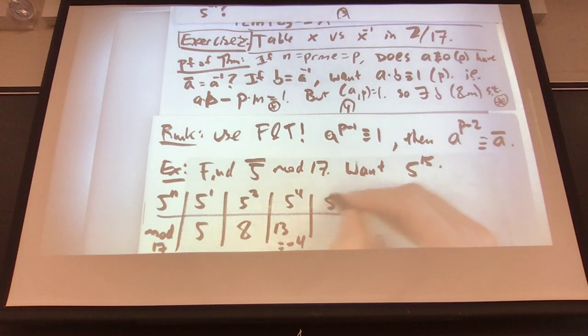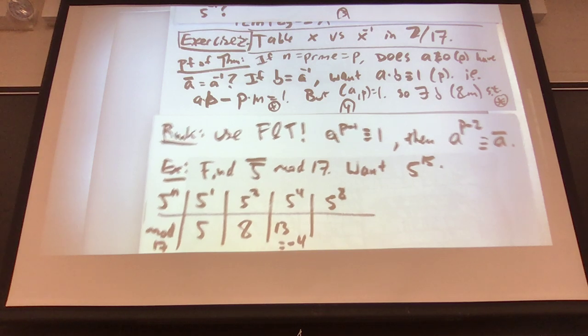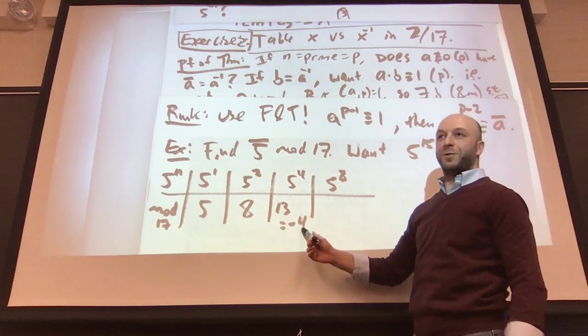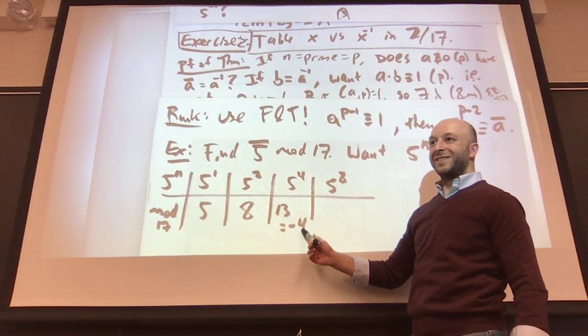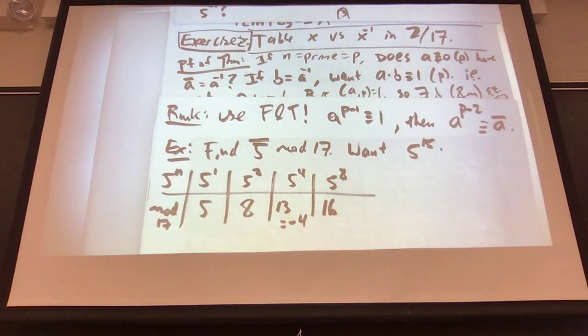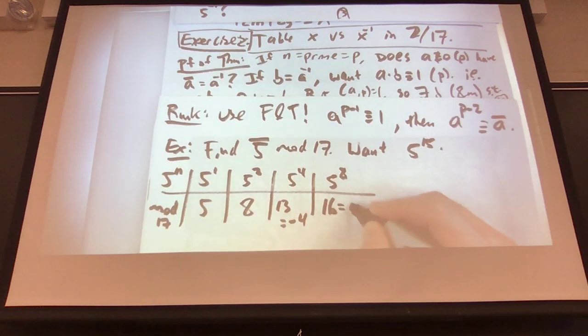Okay, so 5 to the 8th is 13 squared. 13 squared is very big. Negative 4 squared is not so big. Negative 4 squared is 16, which is also negative 1.